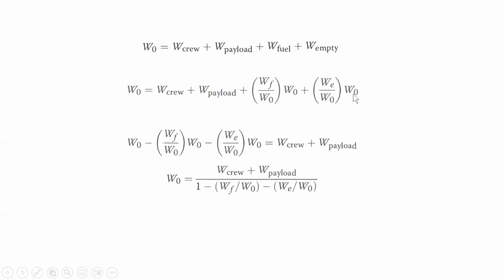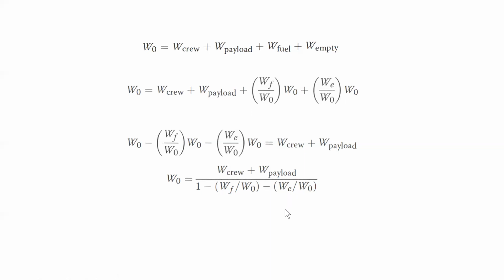This W naught is being taken outside, and everything else on the right side. So the known weights for you are now the crew weight and the payload weight. These are the two weights that you know, and these are the weight fractions that you have to estimate based on historical data and other aspects that you have chosen to design your aircraft.